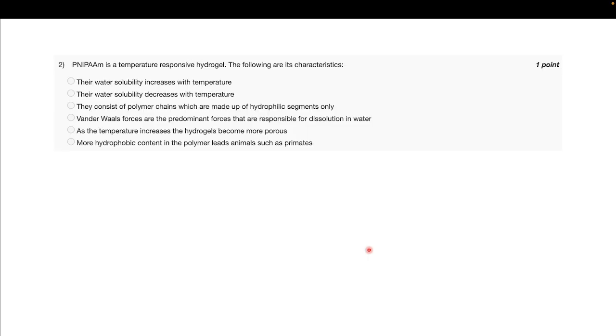Next is: NIPAM is a temperature responsive hydrogel, and the following are its characteristics. So we have to choose one correct answer from this. Does anybody want to volunteer? I'm audible to all of you, right?